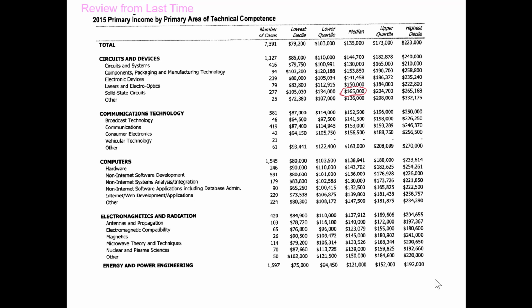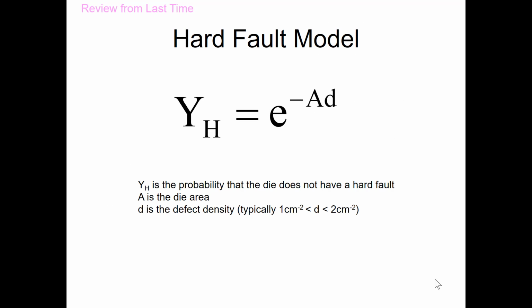And the median salary for engineers in that field, what's that number? 165,000, that's the median annual salary. If you scan up and down the other areas, you'll notice that that's pretty much the top of the salary structure. In fact, there's a lot of difference between one part of our discipline and another.